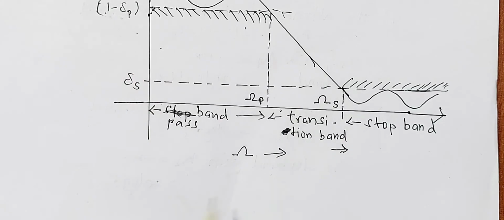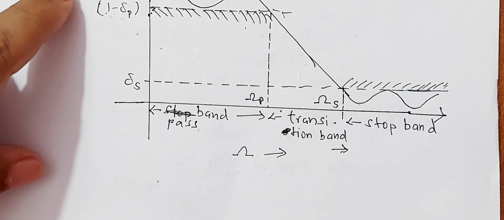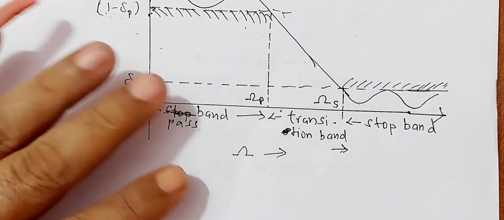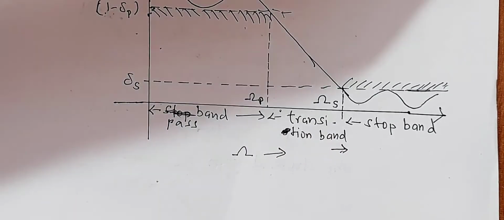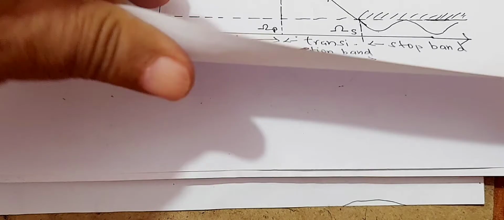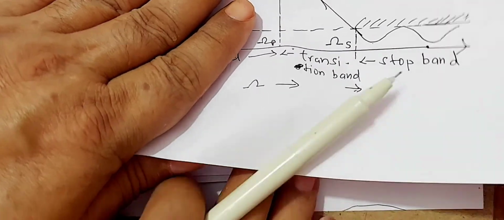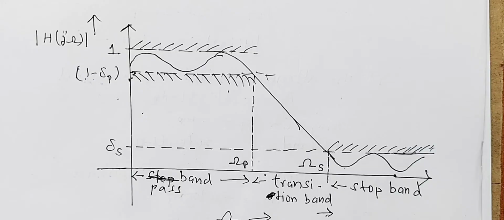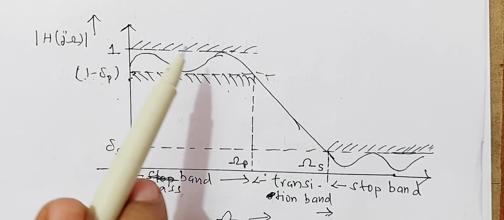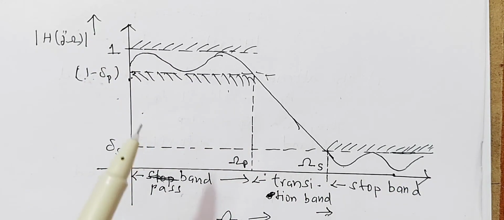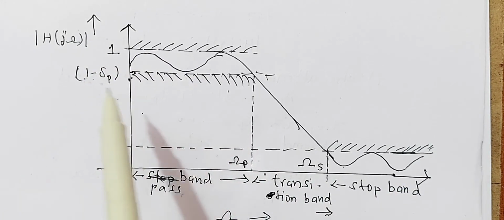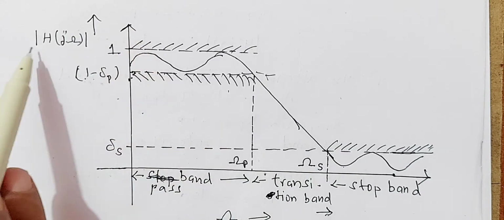From this figure, just see what the values of H of j omega are for different frequencies. From this magnitude frequency response, I will now write the specification. This y-axis is H of j omega.